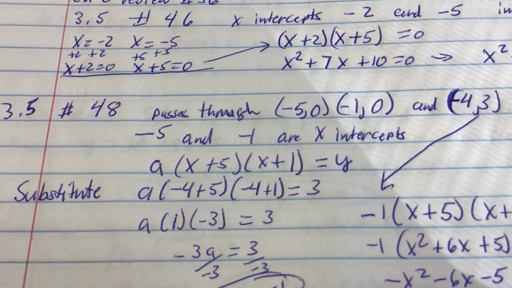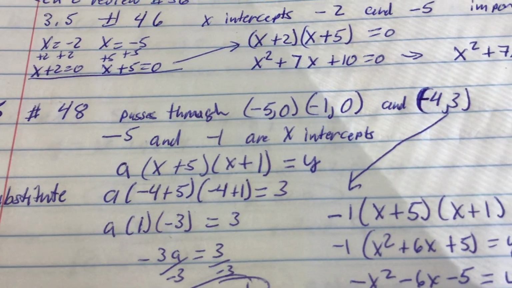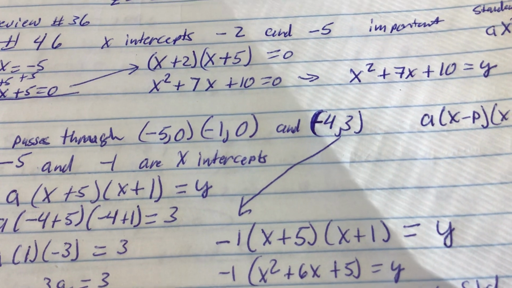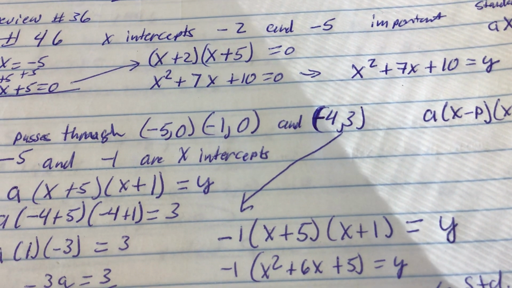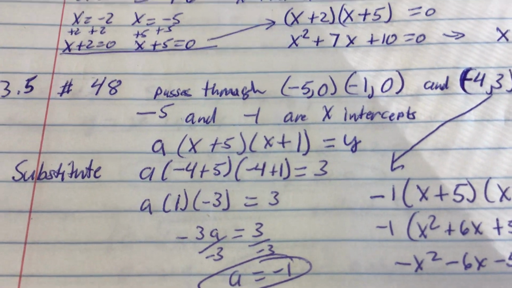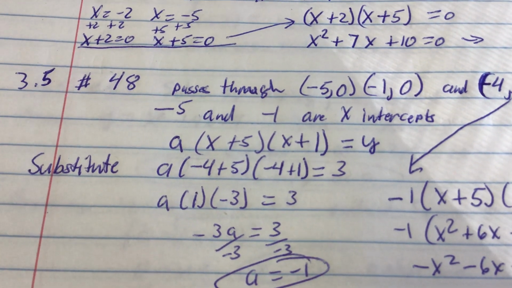Now, this one gives us a point so we can find the a value. The extra point it gave us is negative 4, 3. So I'm going to put in negative 4 for x and 3 for y. I'm just substituting the negative 4 for x in its factored form and 3 for y.